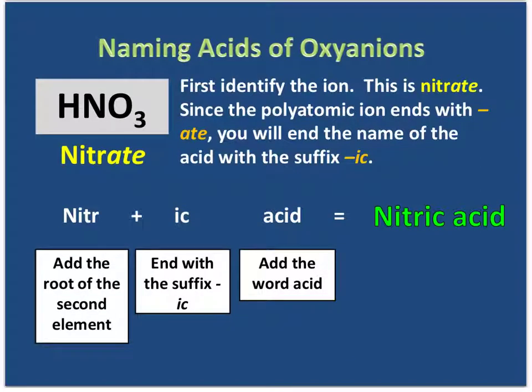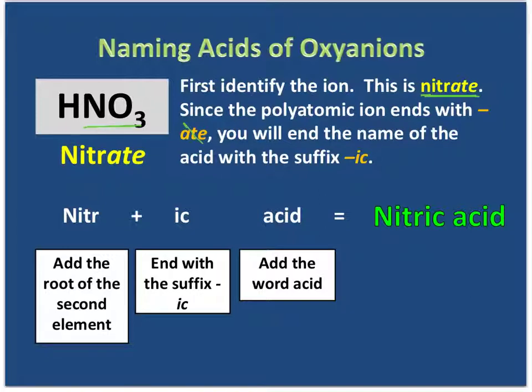Now, when we name our polyatomic acids, the first thing to do is to identify the ion. In this case, our ion is NO3, that is nitrate. And remember we said we do not have the prefix hydro when we name acids of oxyanions or polyatomic acids. So we start with nitrate and we look at the ending ATE.